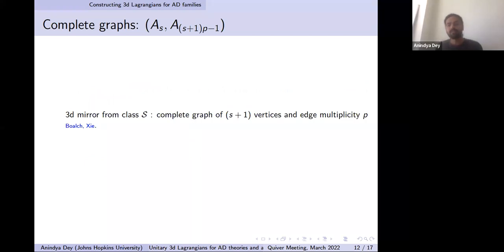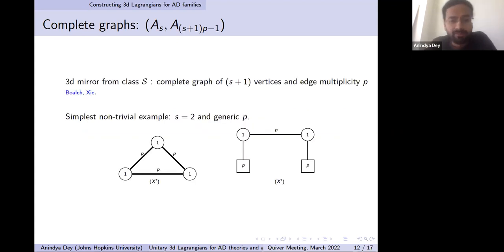So let's begin with the example of A, A type theories. So the 3D mirror from class S is well known for these guys. It's a complete graph of S plus 1 vertices with edge multiplicity P. So the simplest non-trivial example is S equals 2 with a generic P. So a quiver of this form.